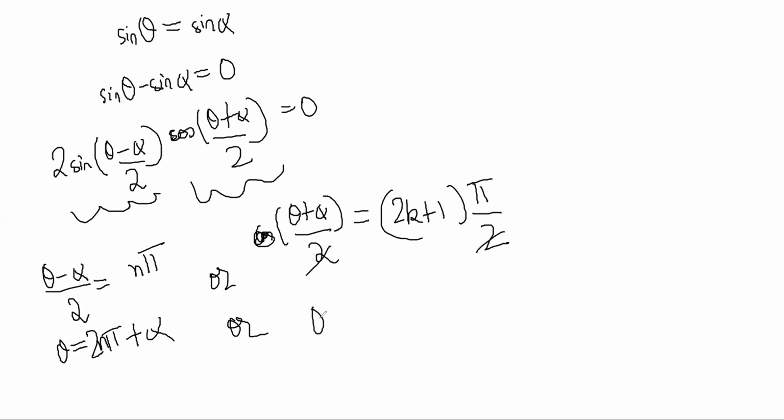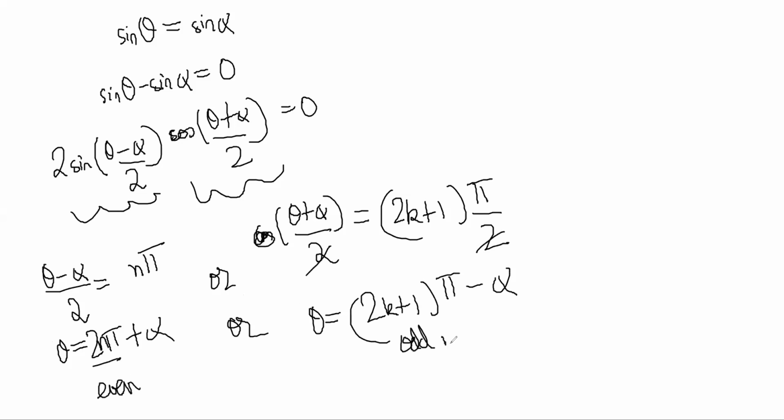So theta is equal to (2k plus 1) pi minus alpha, right? So this is an even multiple of pi and this is an odd multiple of pi, no? So theta can either be an even multiple of pi plus alpha, or theta can be an odd multiple of pi minus alpha, right?